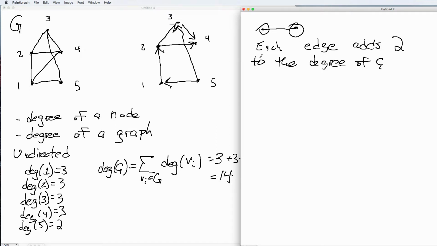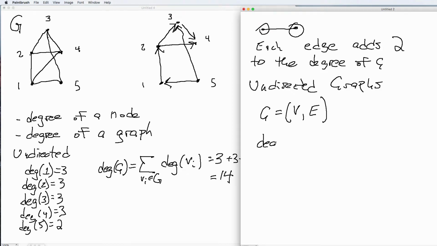So in fact, and remember, for the moment we're talking about undirected graphs, if I have G is equal to, remember we said G can be recognized as being vertices and edges, where these were sets, we can say that the degree of G is equal to 2 times the number of edges.